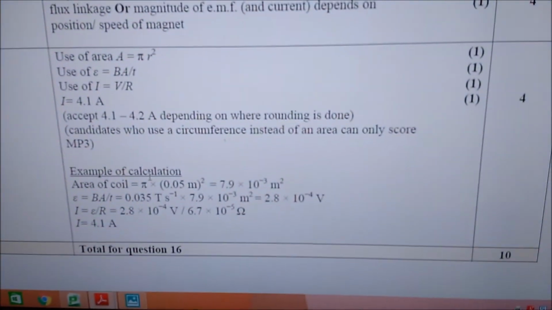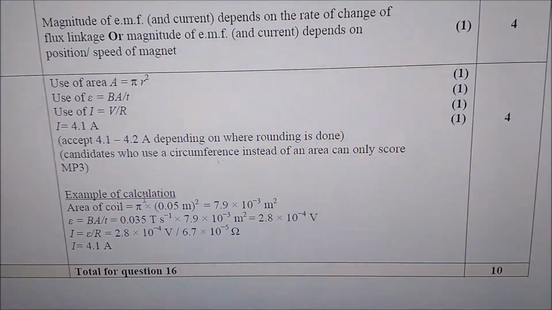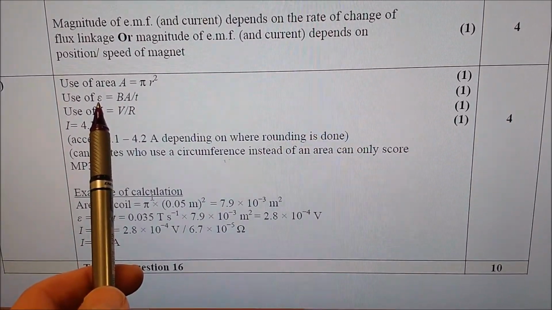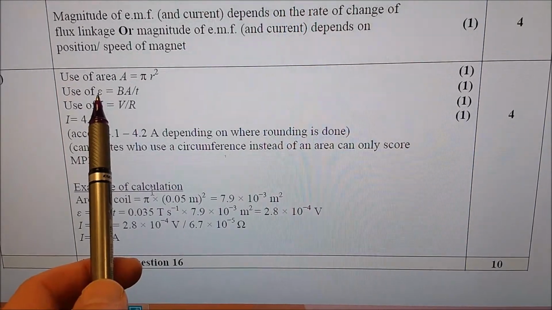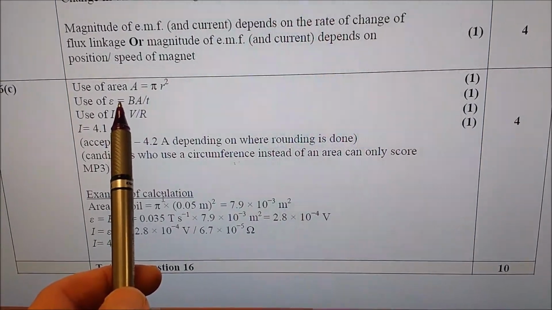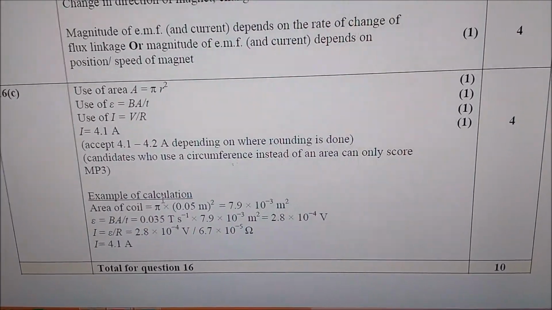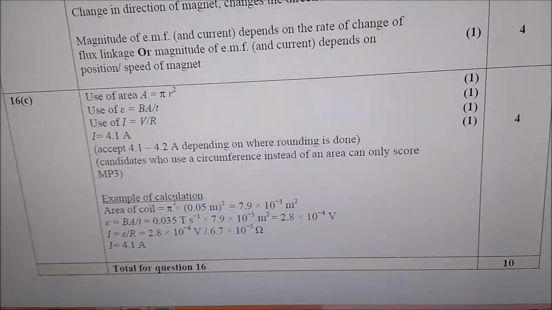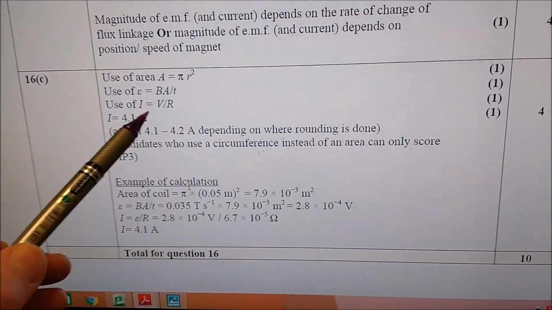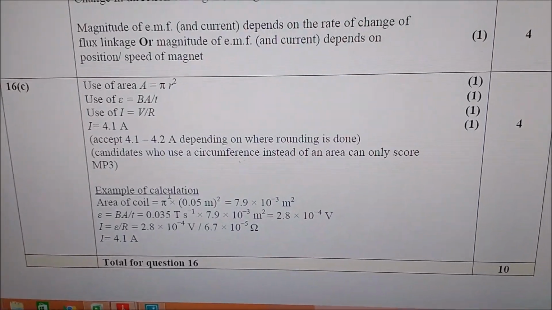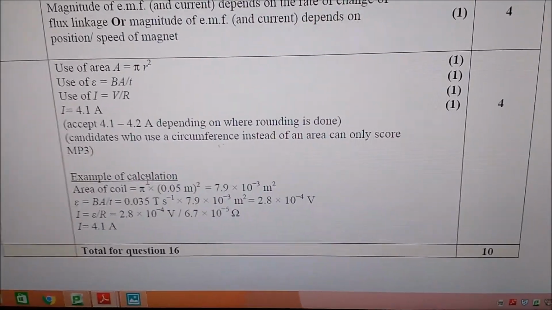So if we look at the mark scheme and see how it's awarded the marks: 1 mark for use of area pi r squared, 1 mark for using EMF is BA over delta T, taking N in this case to be 1, and 1 mark for use of I equals V over R, so it's given an answer of 4.1 amps, and the example of the calculations down below.